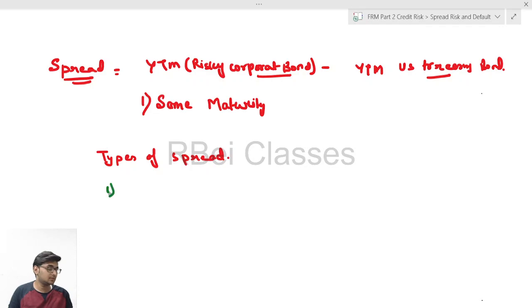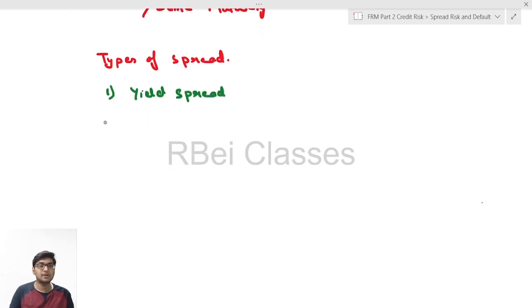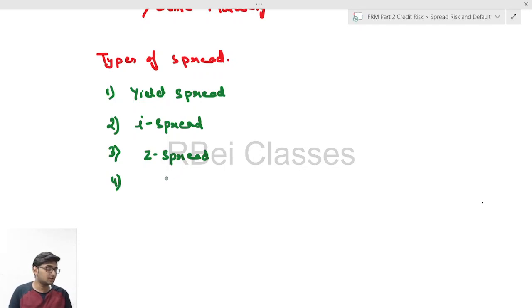Number one is yield spread. Write down second, I spread, that is interpolated spread. Then we have Z spread. You have already seen them in your FRM Part 1 preparation. Okay.